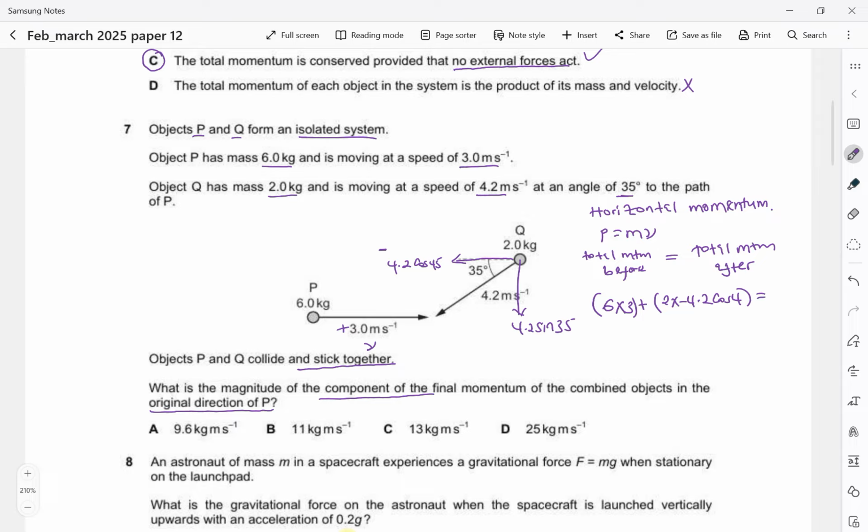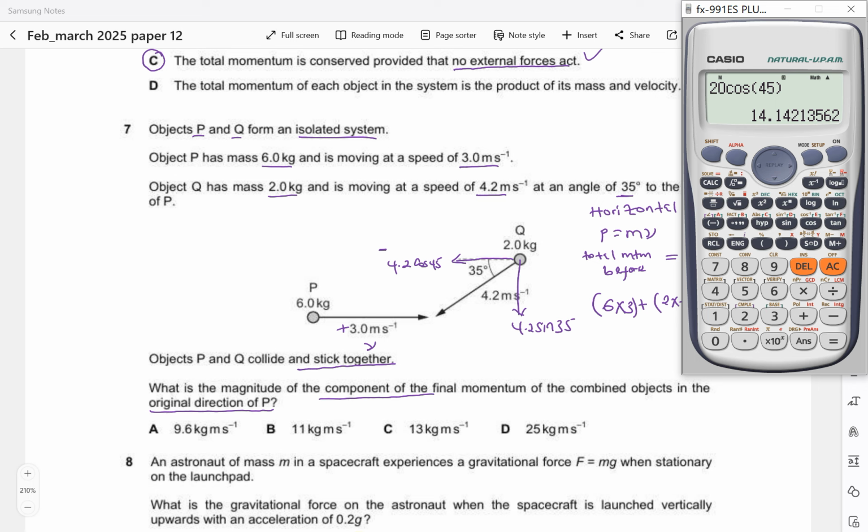So this should be called total momentum after collision. Because they stick together, the mass combines. So the mass is going to be 6 plus 2, then times the common velocity, which I'm going to call V in the horizontal.